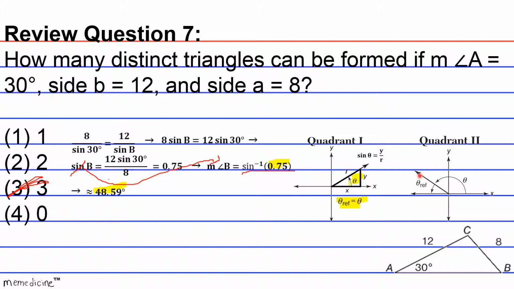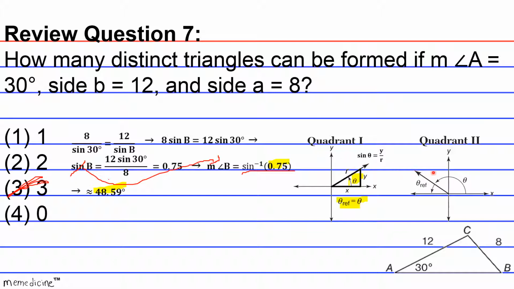And remember, the sine of the angle theta is equivalent to y over r. So although our x value over here is negative, the y value is going to be positive, and r, the measure of the ray, is always going to be positive. I think I've neglected to say that because you're not looking at the coordinate, you're actually doing a distance formula to get the value of r, okay?